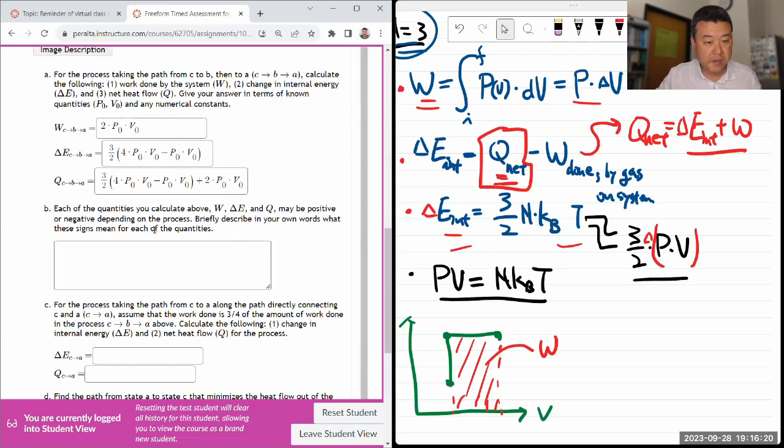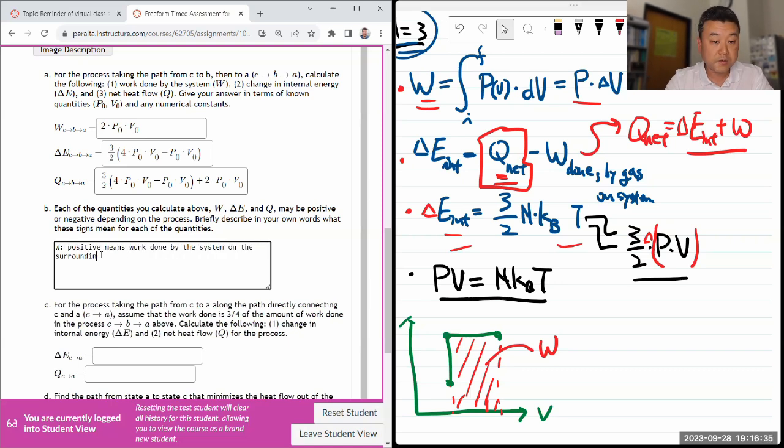Each of the quantities above may be positive or negative depending on the process. Briefly describe in your own words what these signs mean. For work, positive means work done by the system on the surroundings. Negative means work done by the surroundings on the system. For delta E, positive means increasing internal energy, temperature.